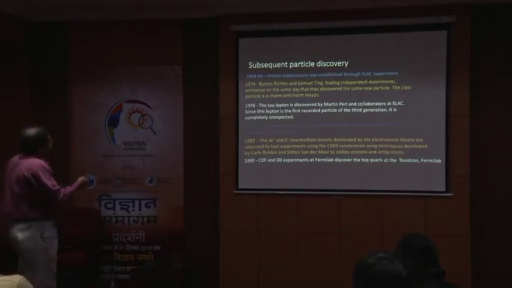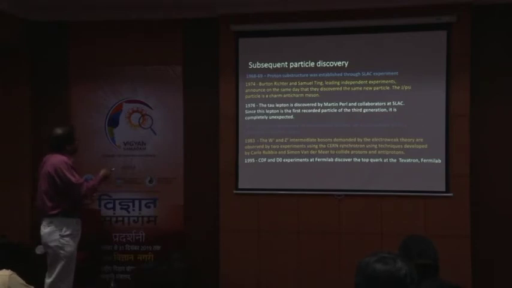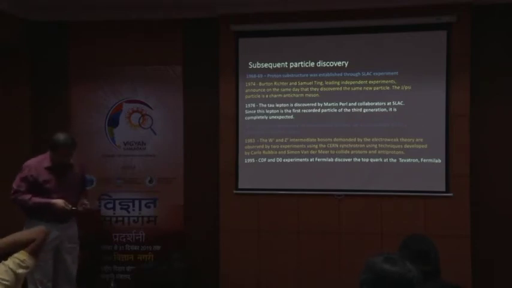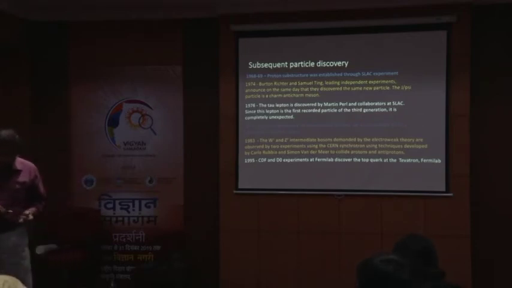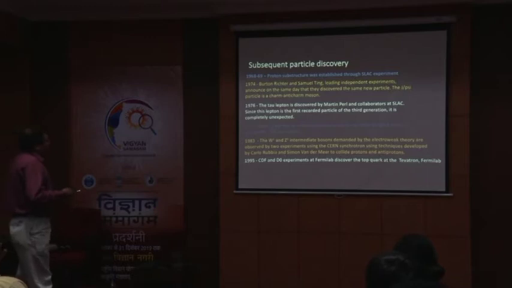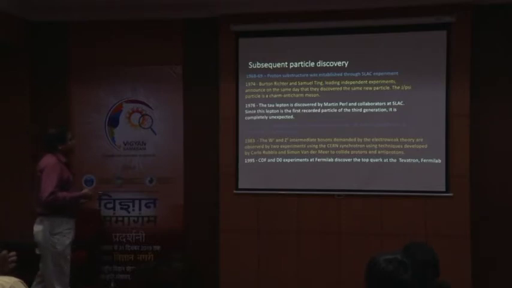This period in the 1970s is called the November Revolution, and if you look at some of the science books, at least in the US, they mention the November Revolution, because so many new particles were found. And in 1983 at CERN, the W and Z bosons were found, the mediators of the electroweak theory.